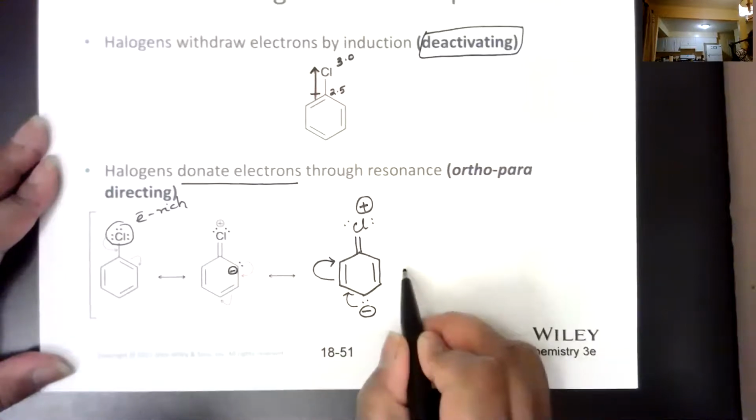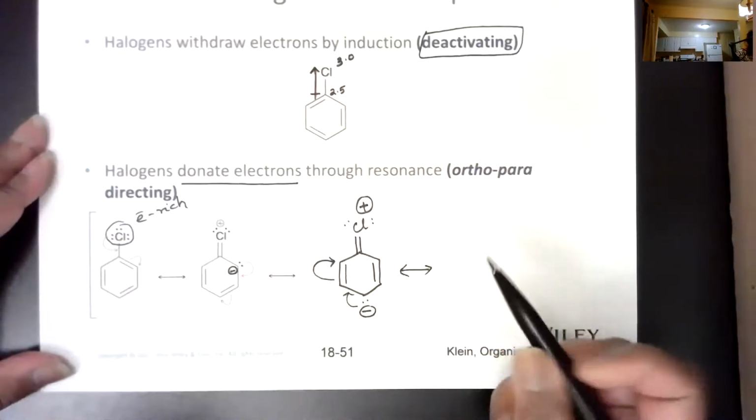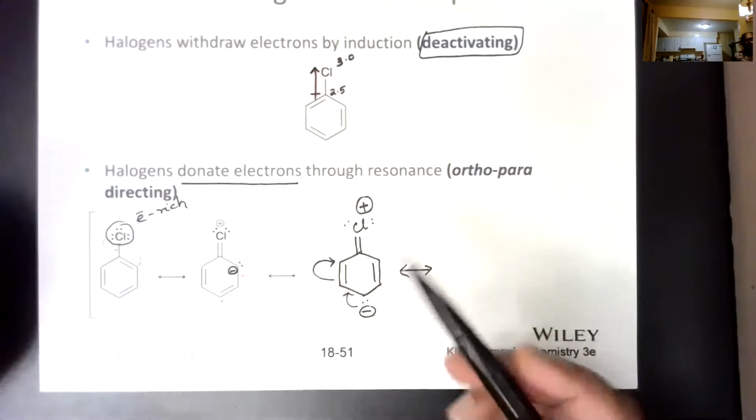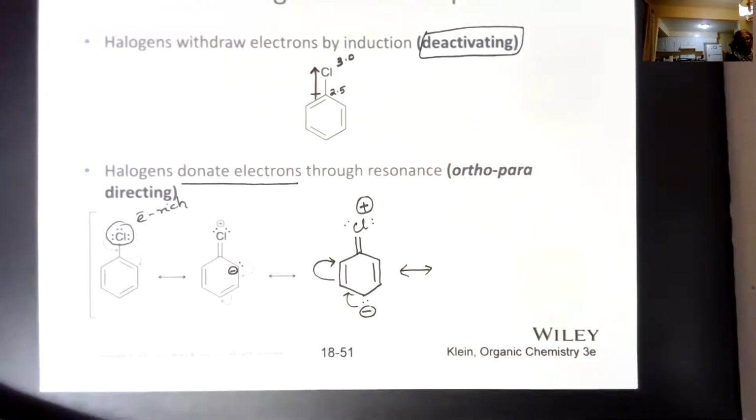There's a negative charge there. And I'm going to have one more. And the Cl plus carries the positive charge. So Cl plus says, okay, I'm going to give you the electrons, give you life, and I'm going to take the positive charge on myself.